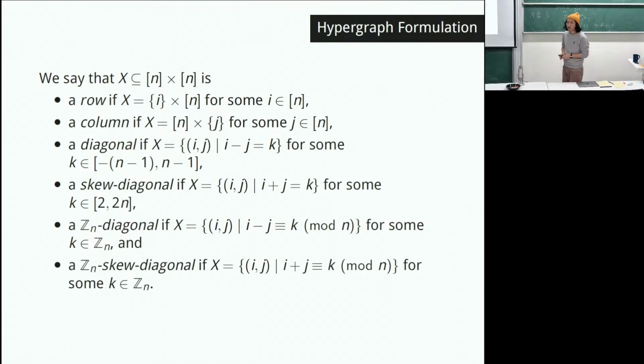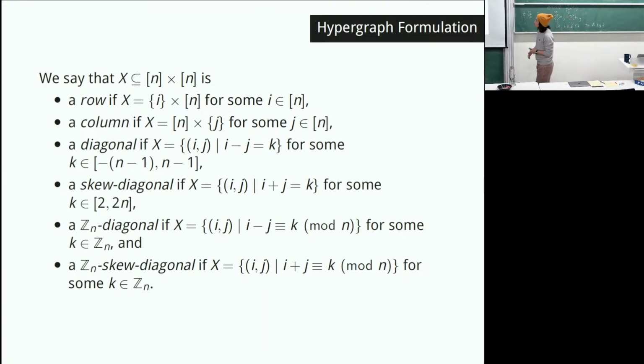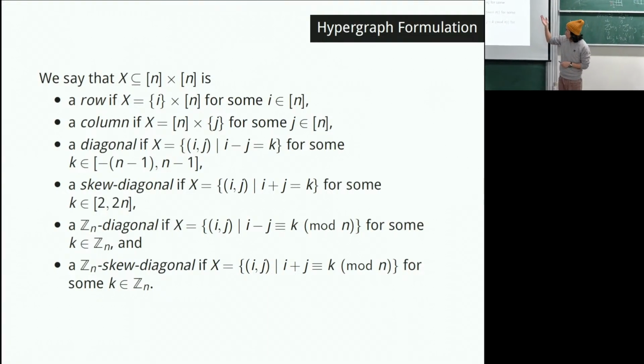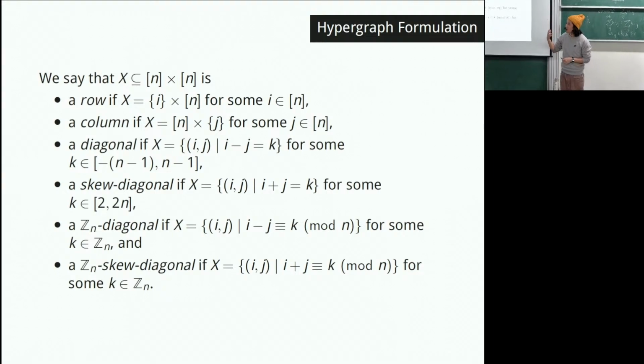Now you have a hypergraph. For the regular board, you take that set of vertices, and the rows, the columns, the diagonals, and the skew diagonals. Then you're looking for a partial coloring of the vertices, red and blue, let's say.